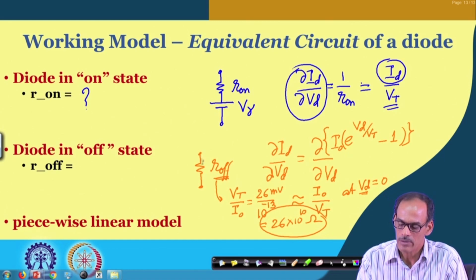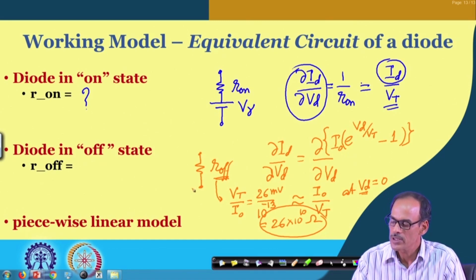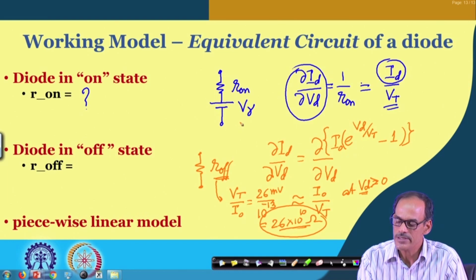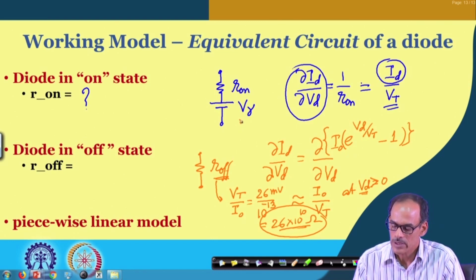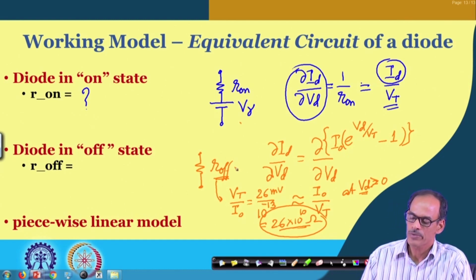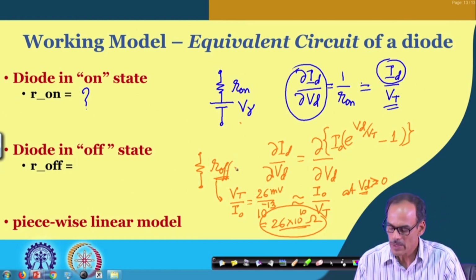So, we can say for all practical purposes in reverse bias condition it is very high, even if, say, diode voltage is positive, but as long as it is less than this cut-in voltage, then also this resistance may remain in the order of tens of mega ohms.